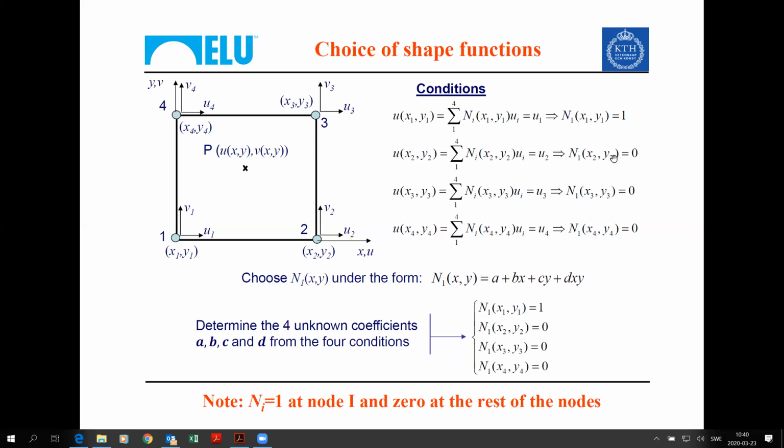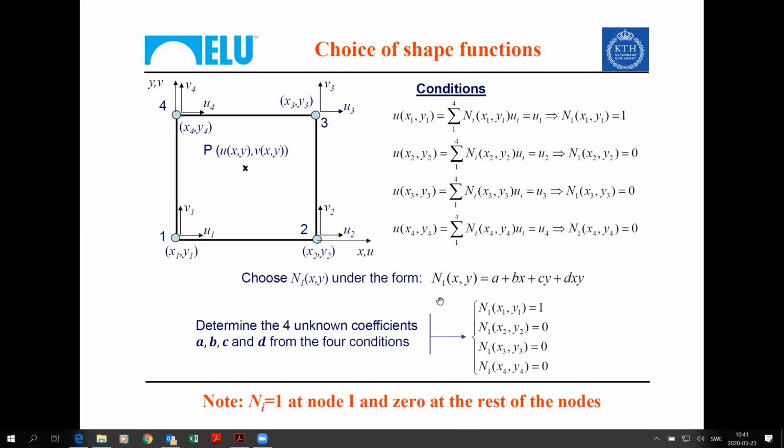That means n1 must necessarily be 0 for x equal x2, y equal y2, that is at node 2. And this is the general way in which we determine any Ni. Ni should be equal to 1 at node I and 0 at the rest of the nodes.